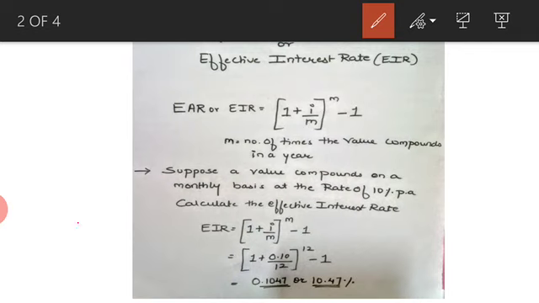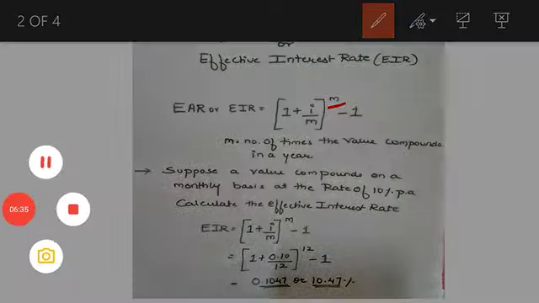Try to solve any annuity or compounding sum that we have solved previously. You can try to find the effective interest rate of that, but always remember the year should be considered as 1, that is n is considered as 1 itself, or n is not considered at all. Okay, so try to do it.